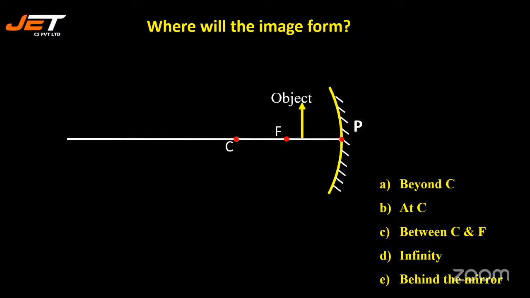For this question, where will the image form? It is between focus and pole of the mirror. Focus కి pole of the mirror కి మధ్యలో ఉంది ఆబ్జెక్ట్.